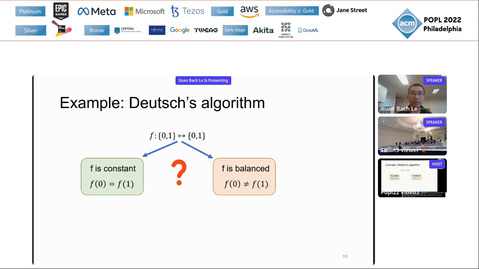Our task is to determine the type of f. Normally, we need to evaluate both f(0) and f(1) in order to conclude the type of f. But if we use the algorithm for quantum computations, then we only need to evaluate f once, thanks to superposition.